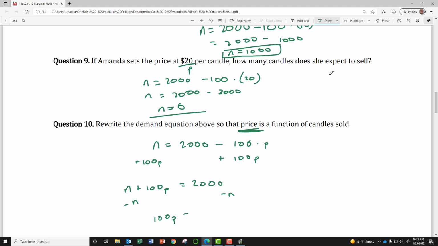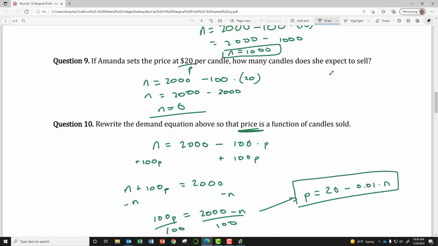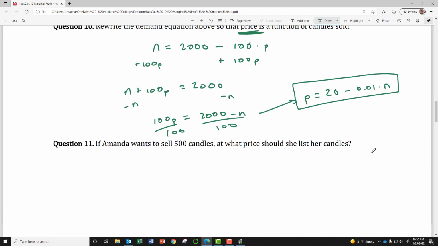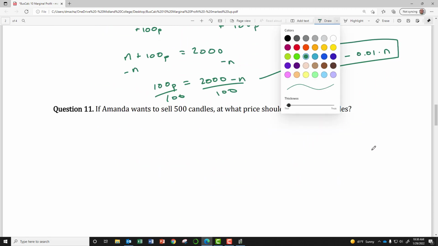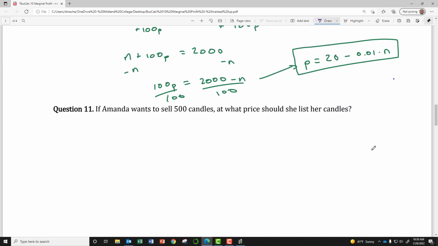On the left I get 100p, and on the right I get 2,000 minus N. Then I divide both sides by 100, and what I get is that P is equal to 2,000 divided by 100, which is 20, minus 1/100th times N. So this is the price that I should set for my candles if I want to sell N candles. The consumer demand function is helpful in two ways, depending on what you're trying to predict.